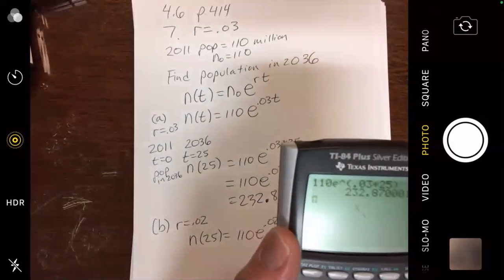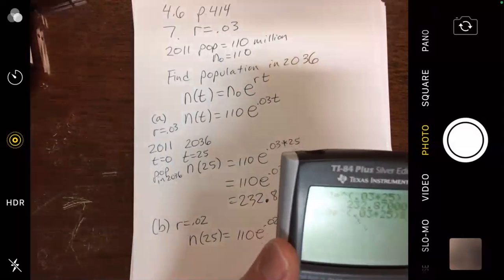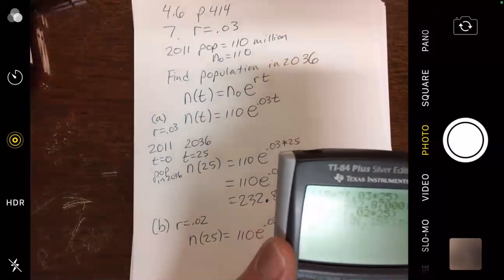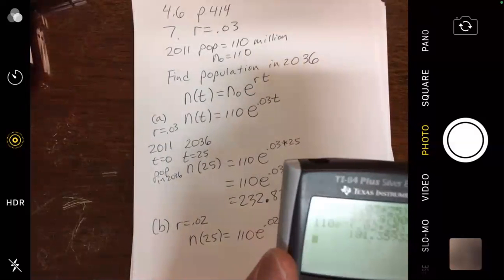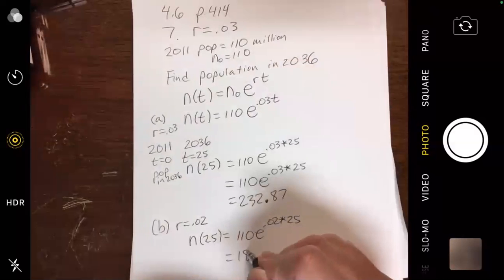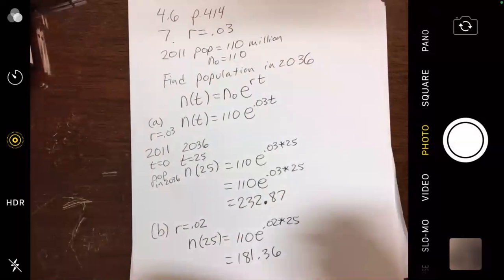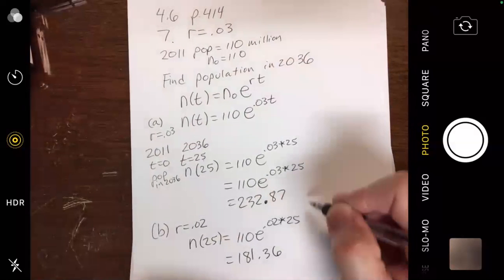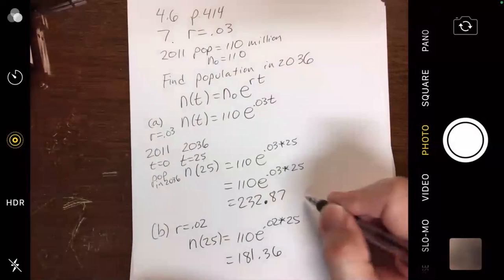If I really want to shorten it up, I can recall it, and just run over and change the 0.03 to 0.02. 181.36 million, say. We don't make a big deal about units, but they're technically millions.